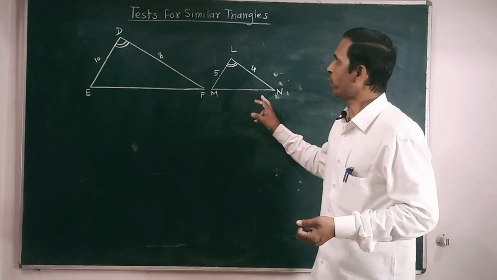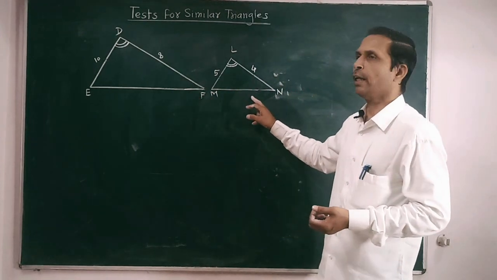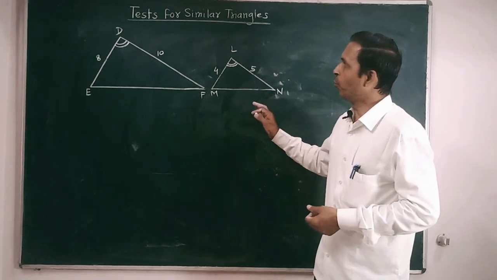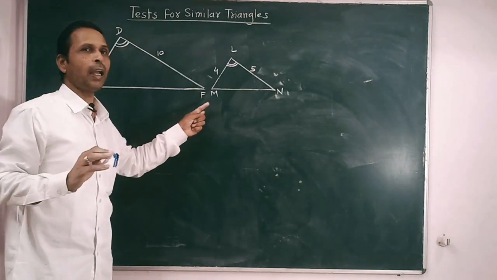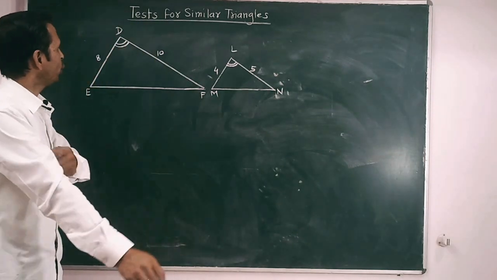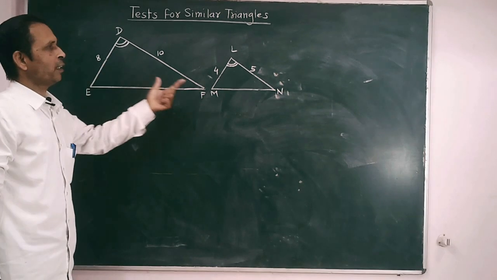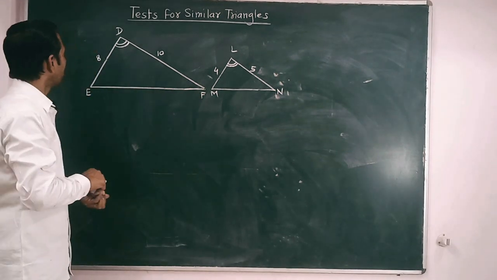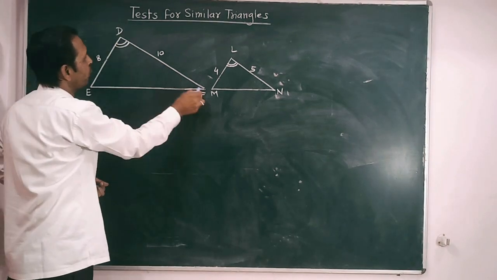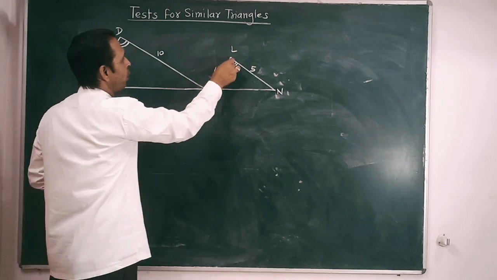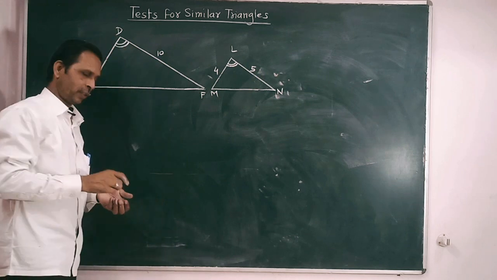Now in these two triangles, triangle DEF and triangle LMN. Look at the figures, triangle DEF and triangle LMN. Now in these two triangles, some of the sides are given. First side, that is DE, is given 8 units, DF is given 10 units, LM is given 4 units and LN is given 5 units.